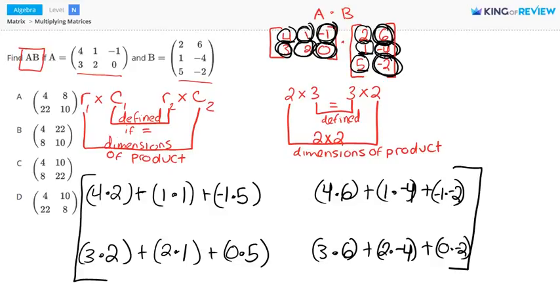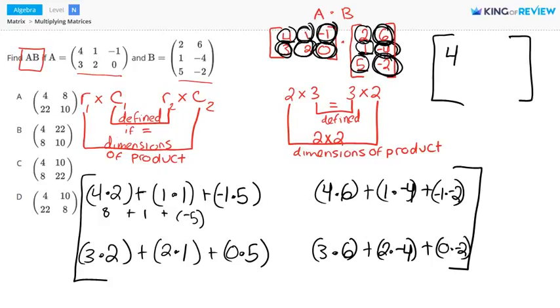So 4 times 2, that's 8, plus 1 times 1 is 1, plus negative 1 times 5 is a negative 5. So for our first entry, we have 8 plus 1 plus a negative 5, and this equals 4.